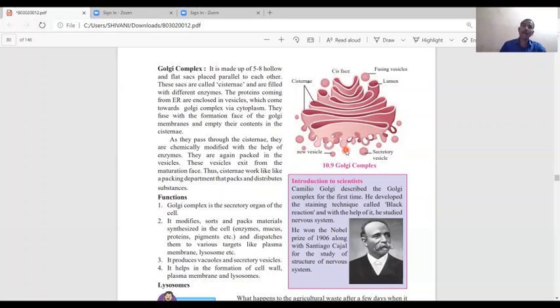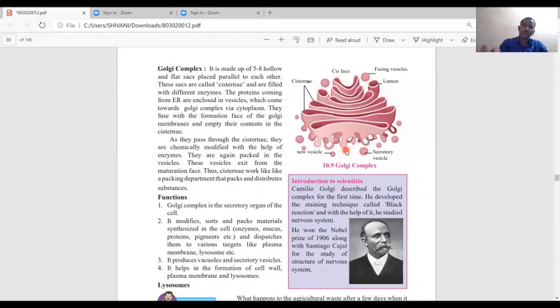The Golgi complex also produces vacuoles and secretory vesicles. It helps in the formation of the plasma membrane as well as lysosomes.